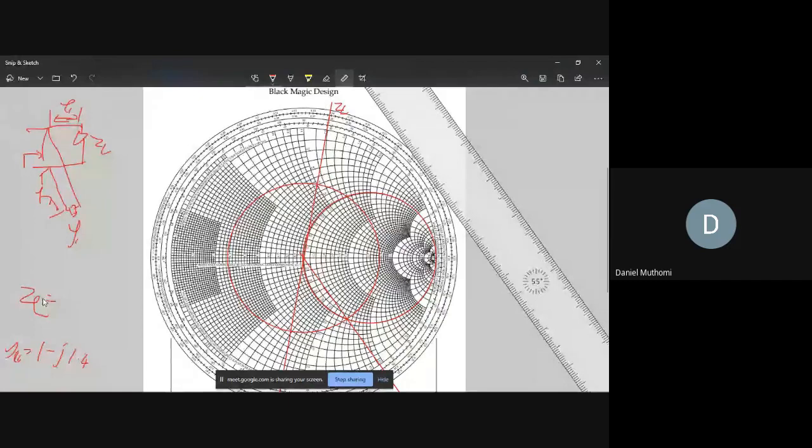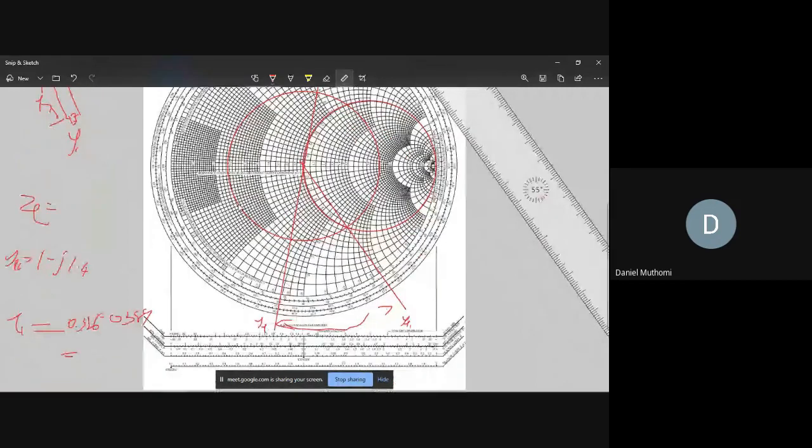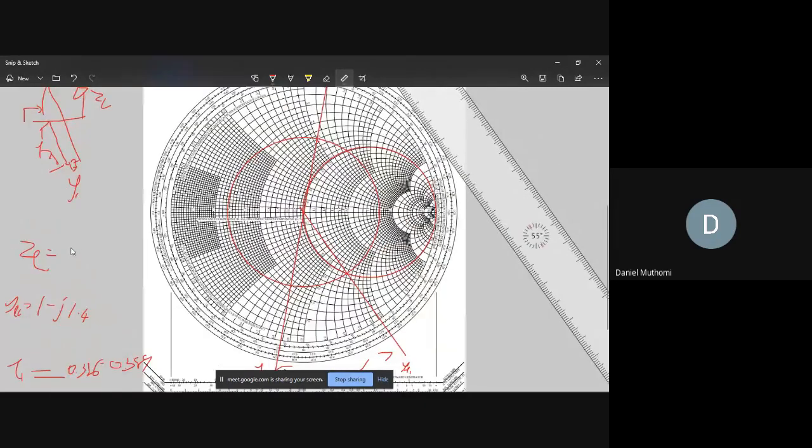This is the value we get here. That was the intersection point between our G equals 1 circle and our constant VSWR circle.